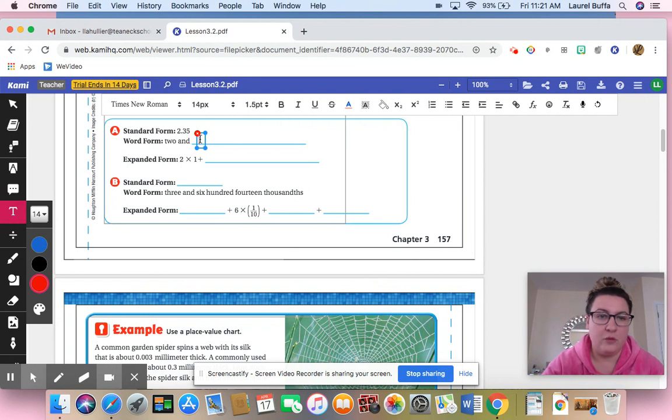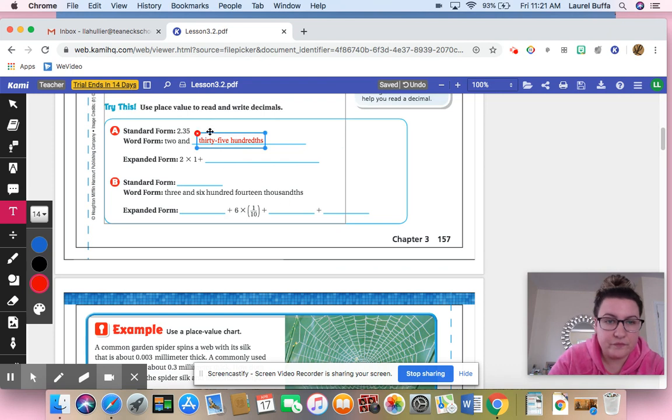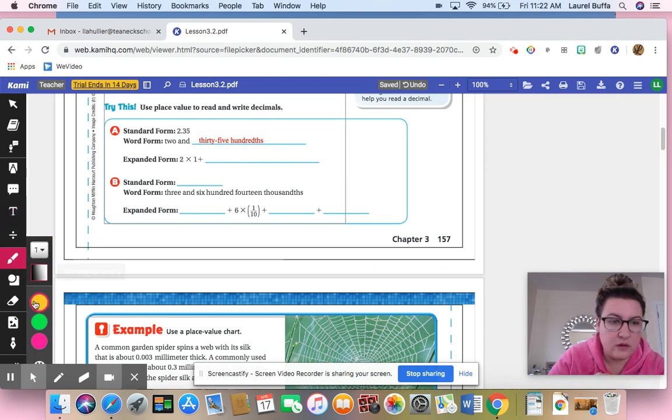So we would write 2 and 35 hundredths because there are 2 digits to the right of the decimal place.